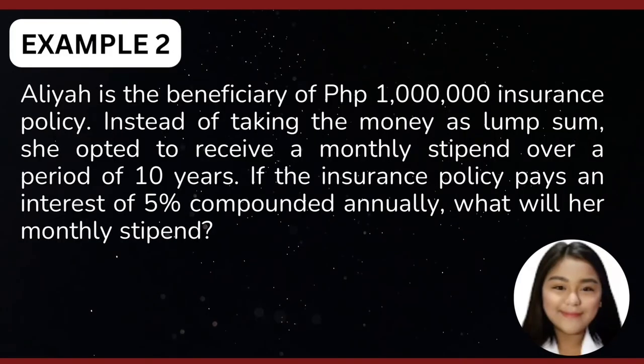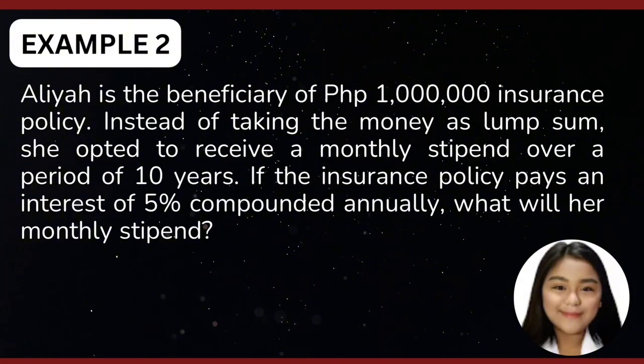Let's have another example. Let me read that one to you. Aliyah is the beneficiary of a 1 million pesos insurance policy. Instead of taking the money as a lump sum, she opted to receive a monthly stipend over a period of 10 years.